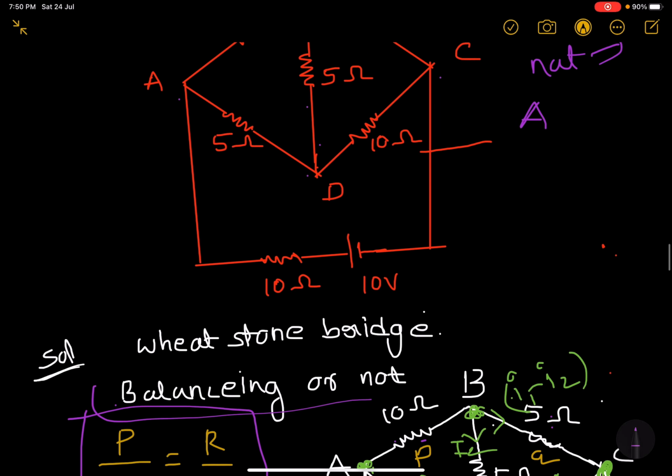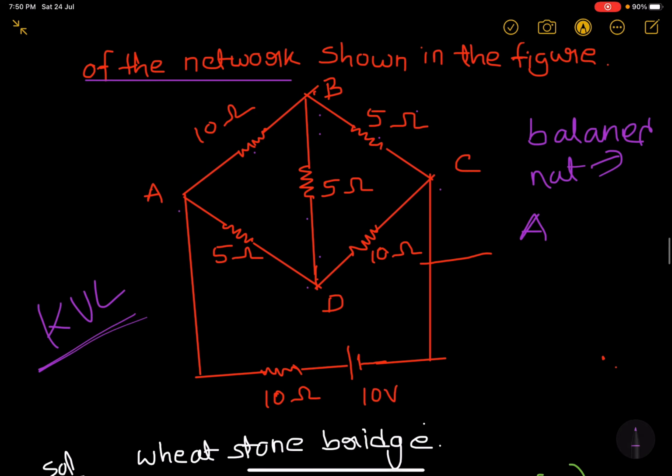Then we can apply KVL. Here we are taking 3 loops.